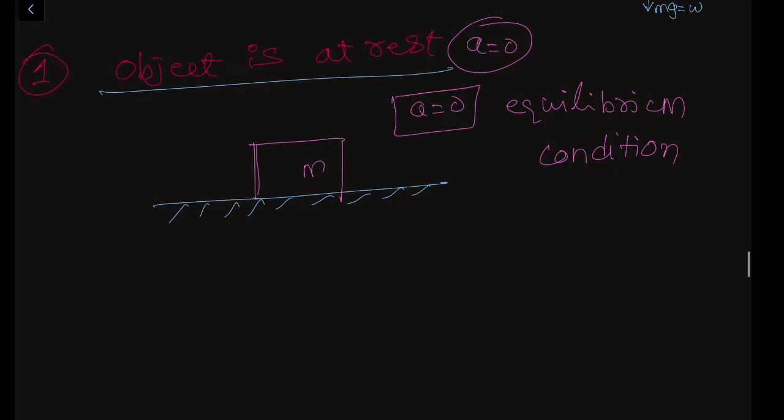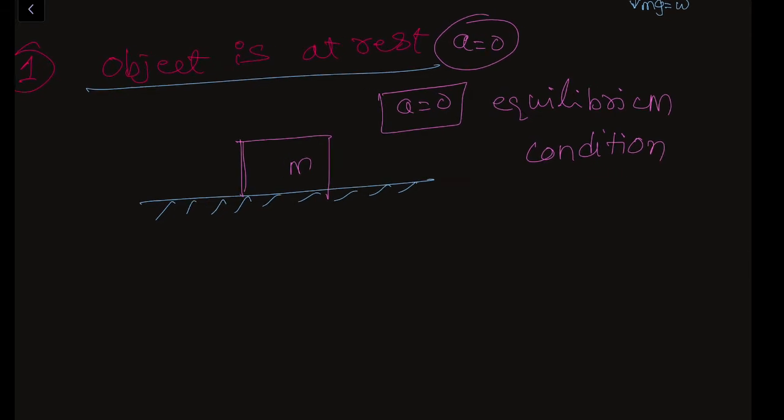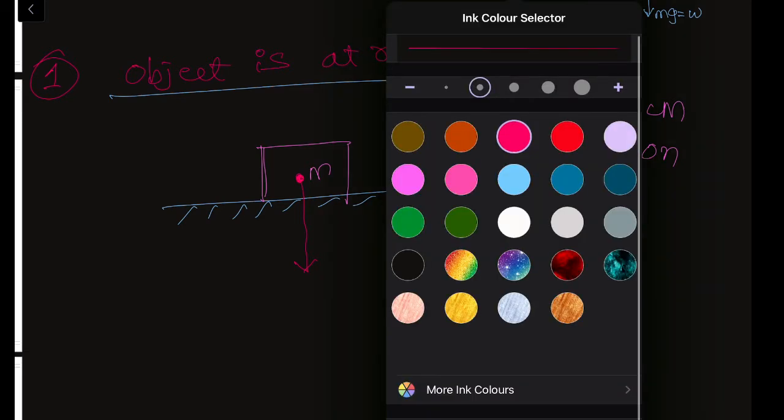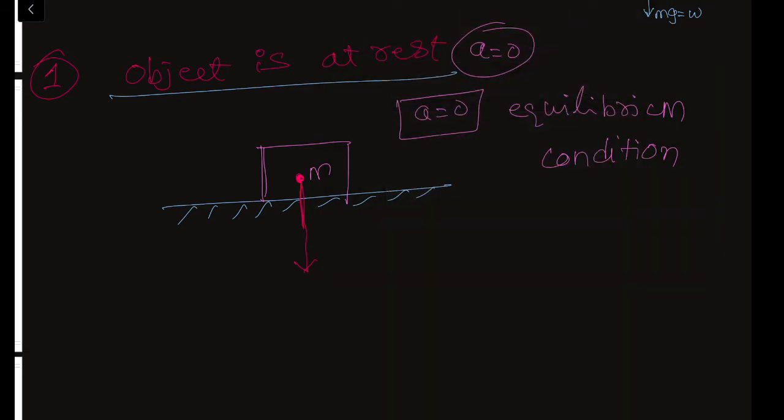In this case, when the object is at rest, the object has some mass, and because of the mass, weight acts downward. That weight W equals mg. This weight is also a force due to gravity.